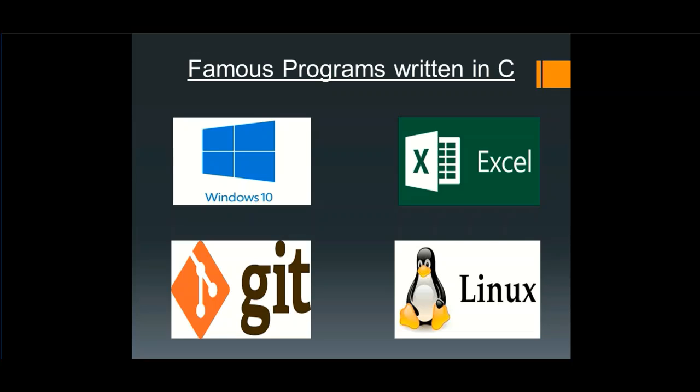So these are some of the very, very famous software written in C, also including C++ and some other technologies, but C was used extensively. So that is why this slide is to motivate you.